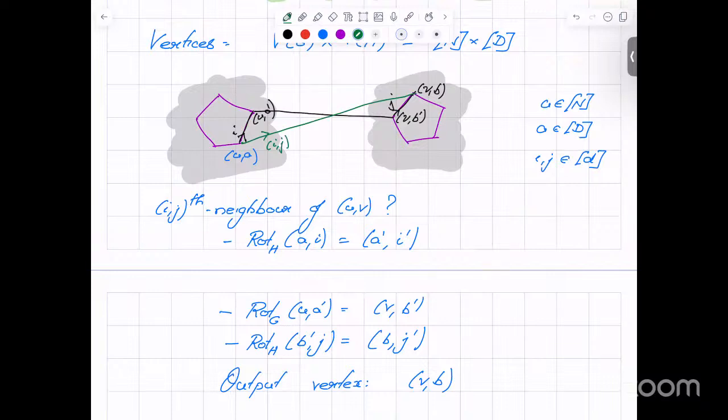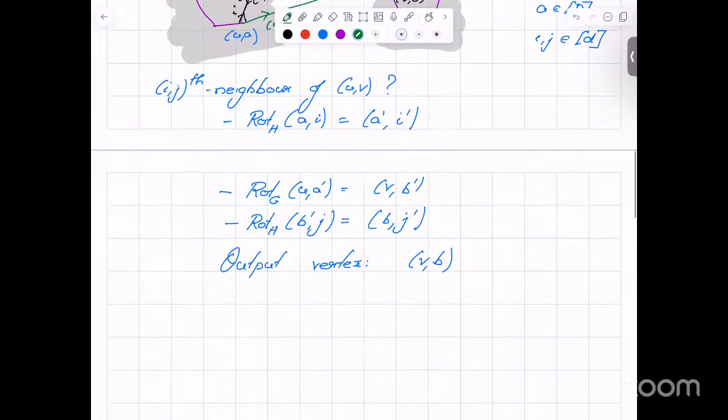And notice, if you take the J prime step and then the I prime step, you will retrace back. So this is actually I prime. This is J prime. Therefore, this direction would be J prime, I prime.